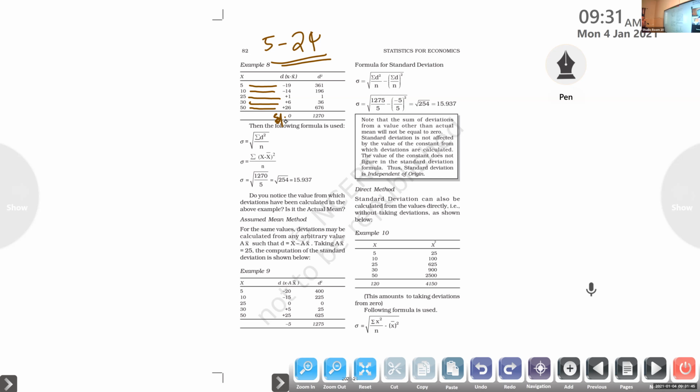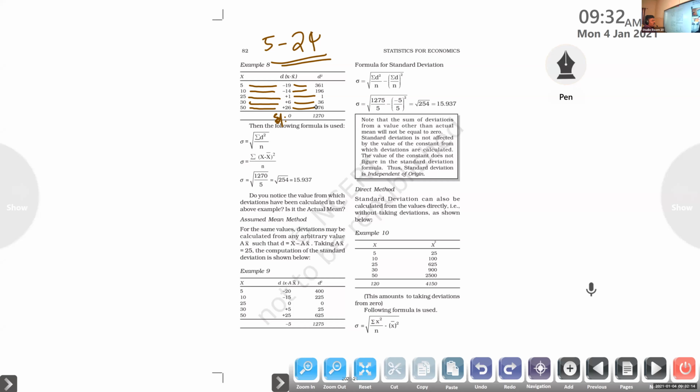Next we want to find d squared, the square of each d. So 19 into 19, 14 into 14, 1 into 1, 6 into 6, 26 into 26. So we got the square values, d square. And next is sigma d square.